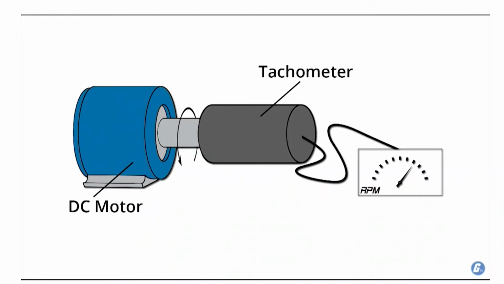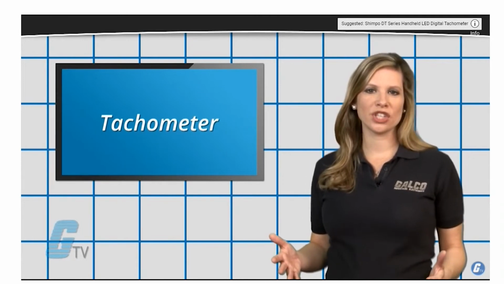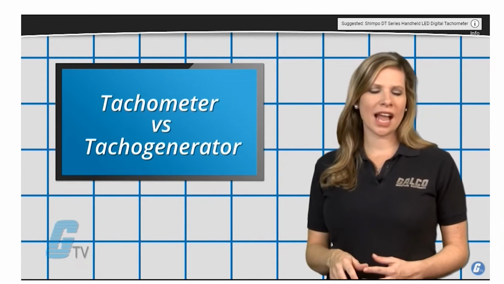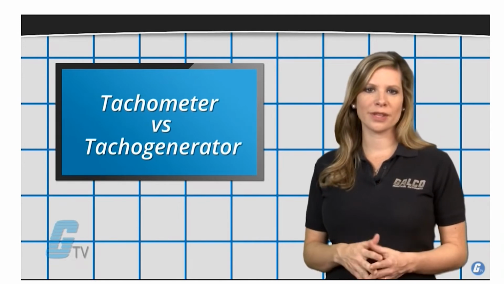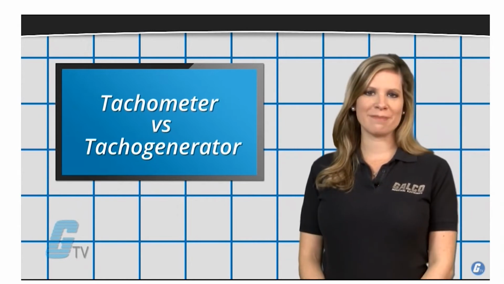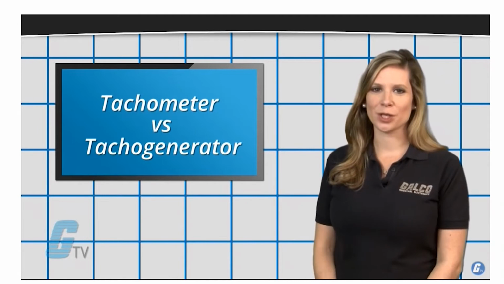A drive motor will then read the tachometer's voltage and use it as speed feedback. Tachometer feedback significantly improves the speed regulation of a motor and drive system. It is important to not confuse tachogenerators with tachometers, as they are both related to rotational speed measurement, but are very different in both form and function.